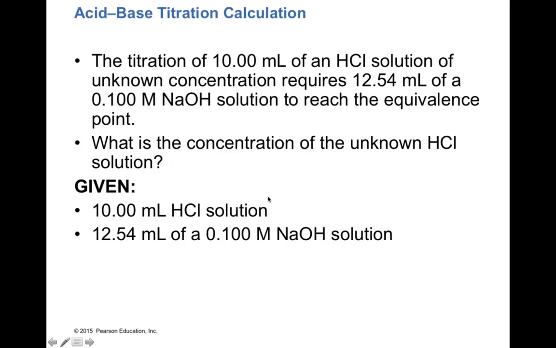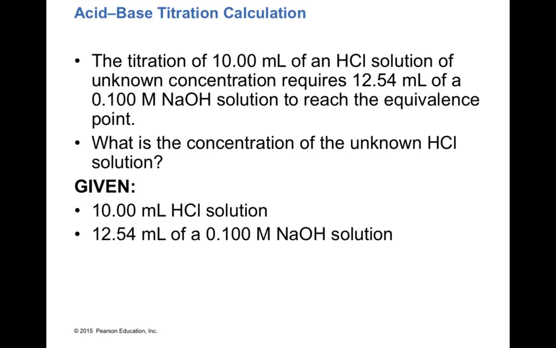Once again, we have an unknown sample of hydrochloric acid. It was in a flask, and we start to add sodium hydroxide solution until it reaches the equivalence point. Remember that at the equivalence point we have the same amount of the acid as of the base.